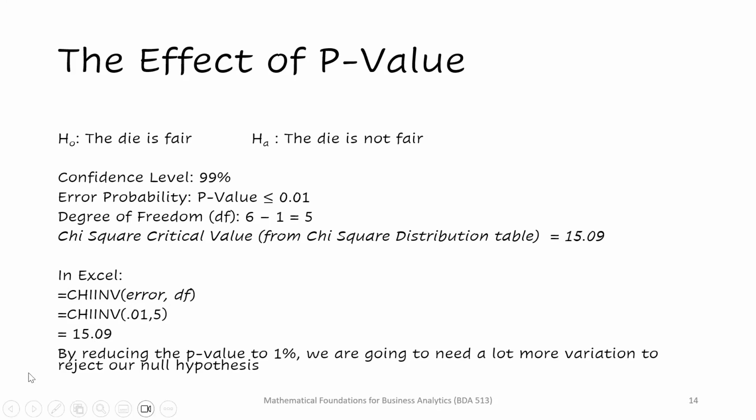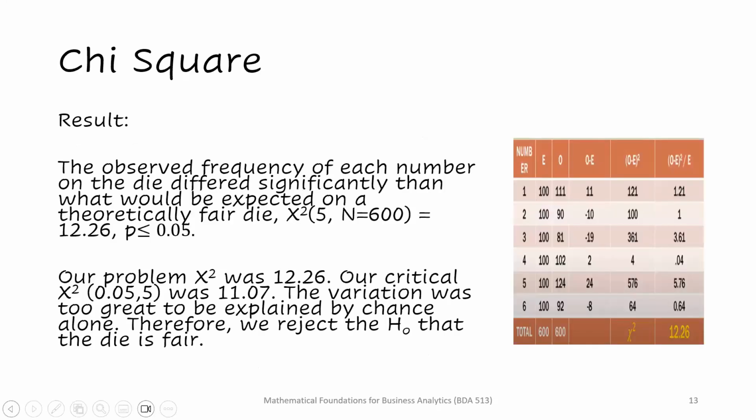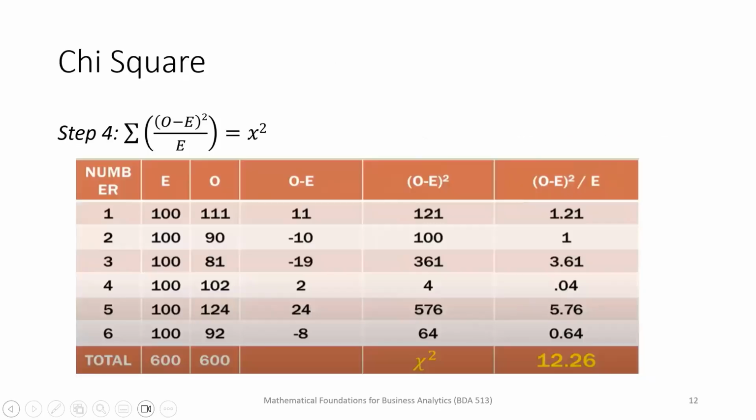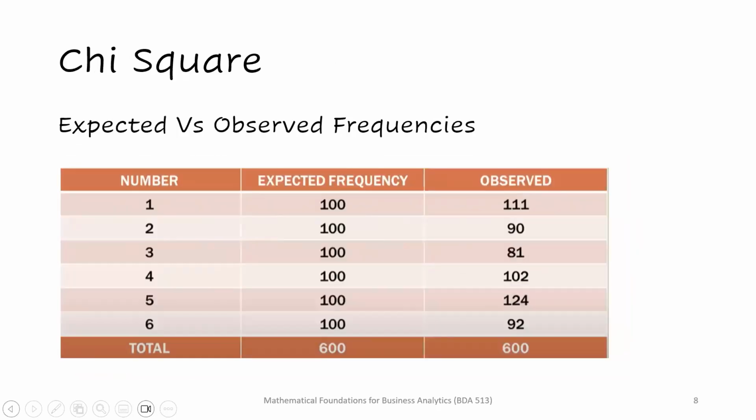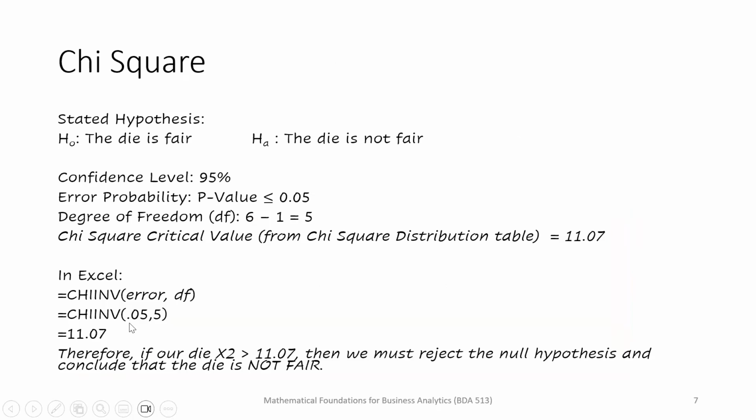So do it for when the degree of freedom was 5 and the probability was 5%, and also do it another time where the degree of freedom is still 5, but the probability was reduced to 1%.